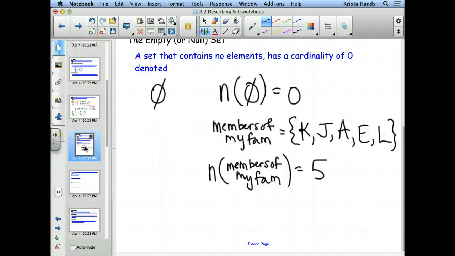Yes, so how do you do it if it's infinite? If it's infinite, you can't list them, and so you have to do a description, or you can use that set builder notation. All right, so we're not going to do Abraham's descendants, but if we were to do something with numbers, say for instance, all natural numbers. One of the things you can do is 1, 2, 3, 4, dot, dot, dot. That's one way to do it.